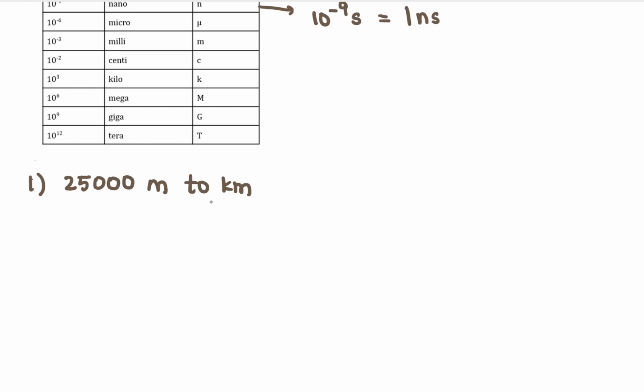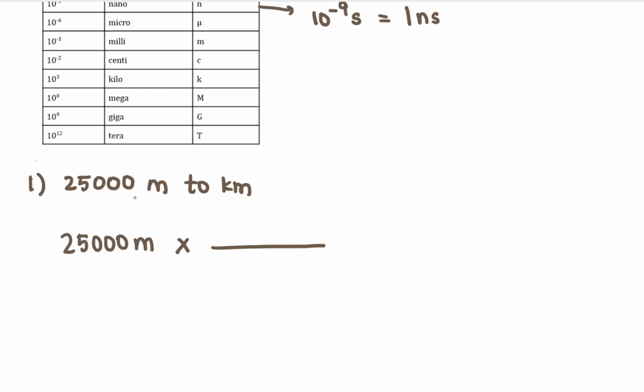And that's the concept that we're going to use here. We begin with what is given to us, which is 25,000 meters. Then multiply this by a ratio. This ratio is the unit conversion factor, and this comes from the table.